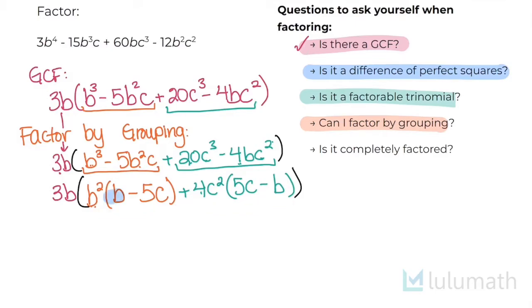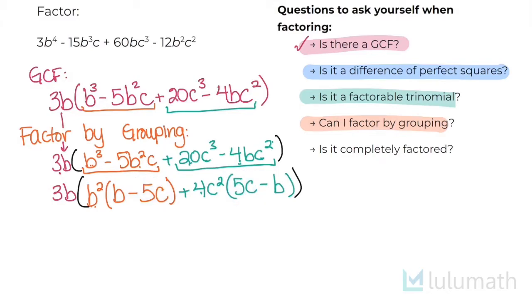Now here's where things get tricky because although it looks very close to each other, our brackets here are not exactly identical. If you see here, we have a positive b, but here we have a negative b. And if you see here, we have a negative 5c, but here we have a positive 5c. So if I were to just switch these signs, then this will work for us.